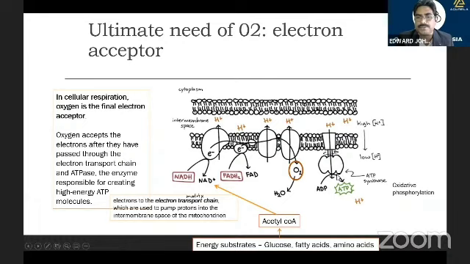And these protons are utilized for the production of ATP through the ATP synthase enzyme. So finally, the electron that passed through the last domain is captured by the oxygen and it is converted into water. If the oxygen is not there, oxidative phosphorylation will not occur and the end substrate, pyruvate, will undergo anaerobic metabolism to produce lactic acidosis. So oxygen is a must as an electron acceptor of the electron transport chain.